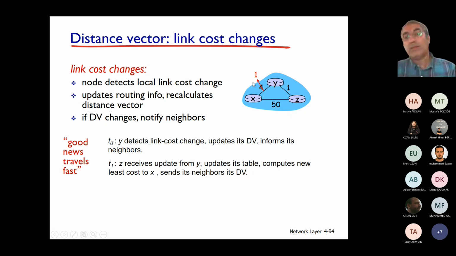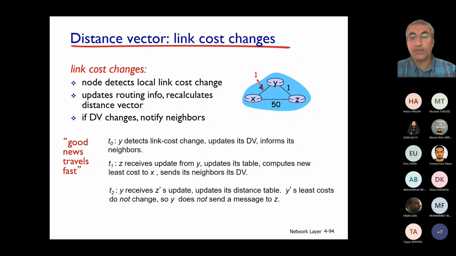It looks at whether this change is going to affect its least cost to the X. It computes the new least cost to the X and sends its neighbors its DV information. At T2 time, Y receives the Z update and updates its distance table. Y's least costs do not change, so Y doesn't send a message to Z.